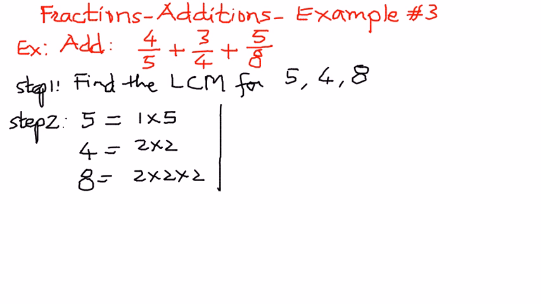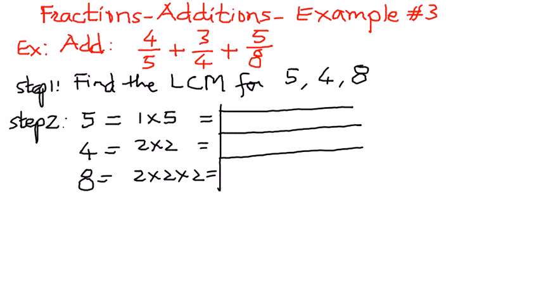So if we were to write them out in a box here, if we were to make a small box for ourselves, the first box we'll name as 2, and the second box we will name as 5.